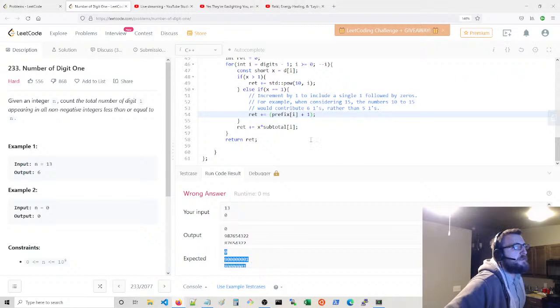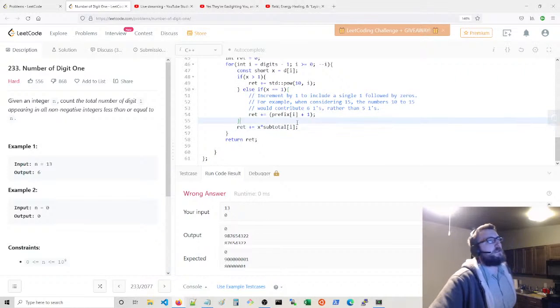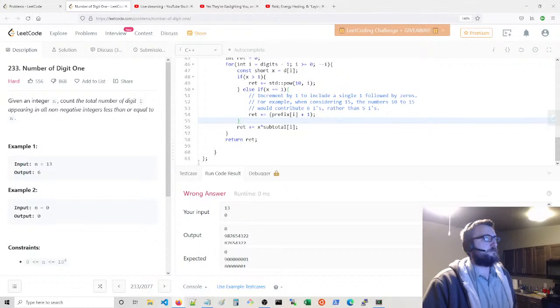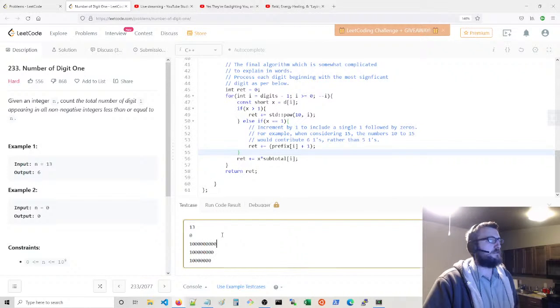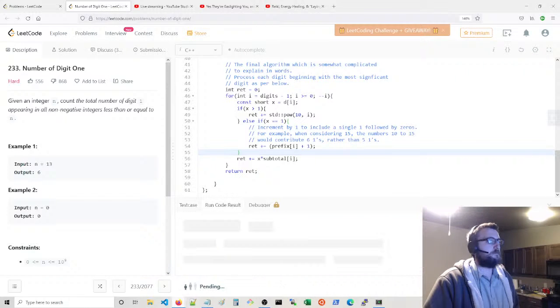Well, the problem with the prefix is this should be 0, the prefix. Subtotal, excuse me, what's the subtotal, actually? So we're wrong for quite a few different numbers, yeah. Let's see.